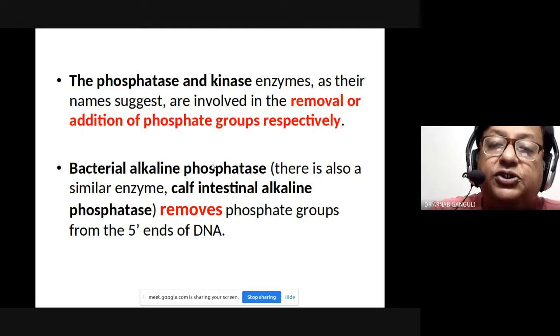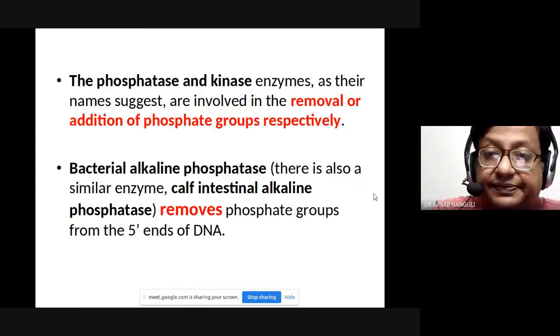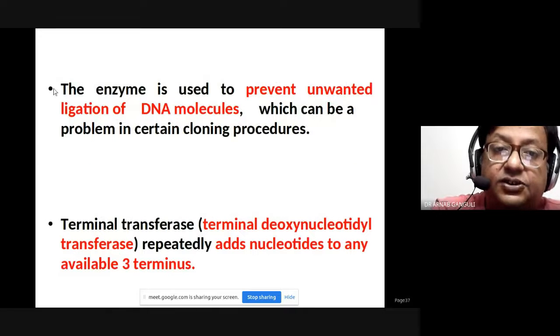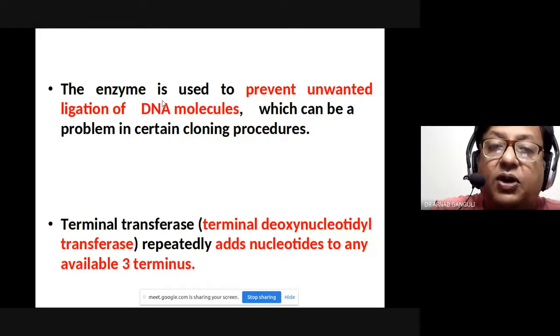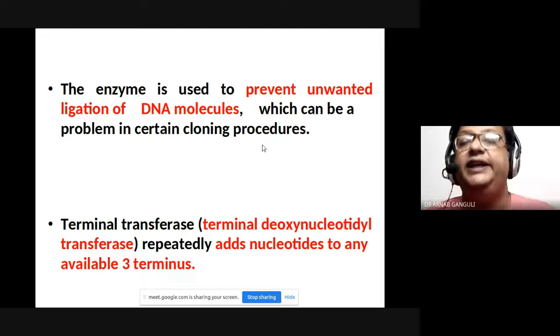You normally use calf intestinal phosphatase. It removes phosphate groups from the 5' ends of the DNA. This enzyme is used to prevent unwanted ligation of the DNA molecules, which can be a problem in certain cloning procedures. The function of DNA ligase is to join DNA.